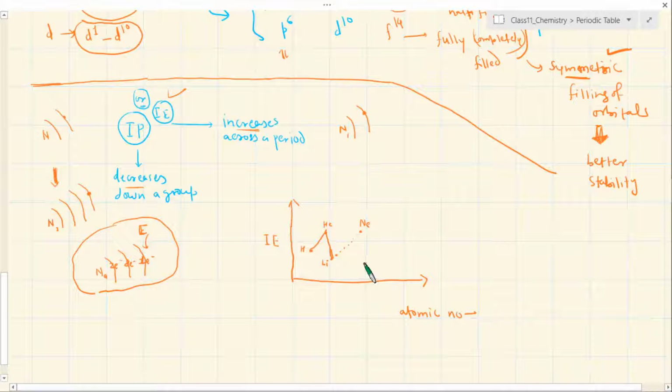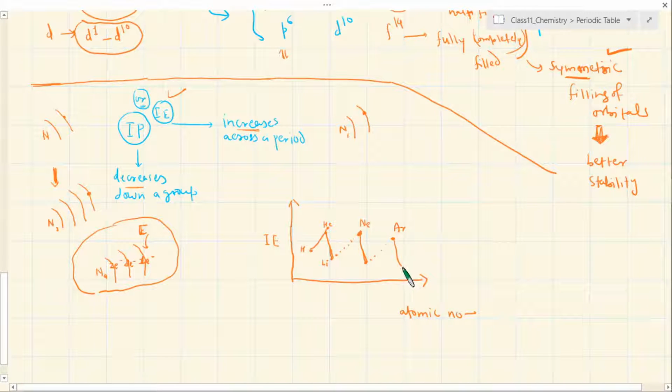So it should be somewhere here. Okay, with the increased atomic number, suddenly there is a change here. The next element is this one. Then again from sodium to magnesium to aluminum it should increase, and then you will encounter the next noble gas, which will be lower than this. Ionization potential of helium is higher than for neon, and then the lower value should be for argon, will be here. Okay, so you can see clearly the trend that I'm trying to set.